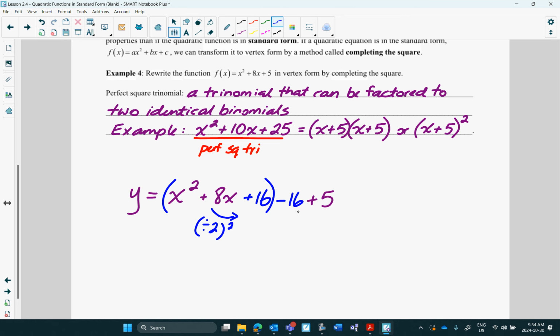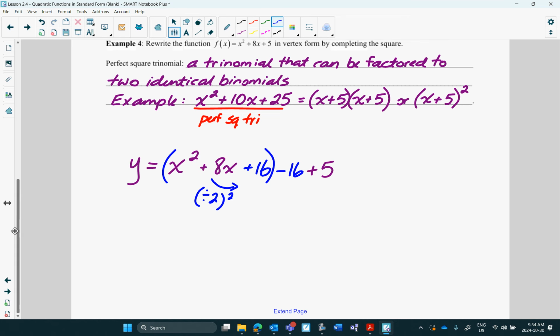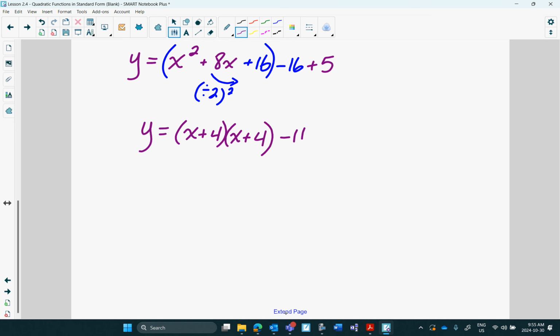So now notice we've got this set up so we can factor. X squared plus 8x plus 16 factors to x plus 4 times x plus 4. These two can be combined to make what? Negative 11. Well, x plus 4 times x plus 4 is just x plus 4 squared.